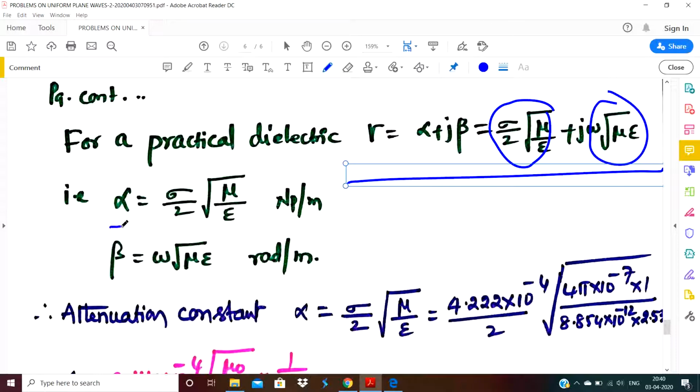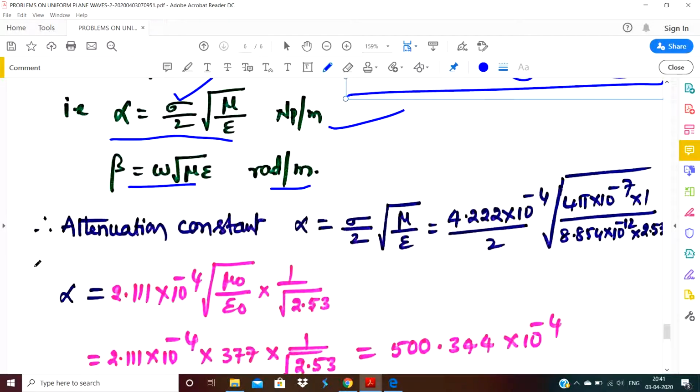So the attenuation constant alpha equals sigma by 2 into square root of mu by epsilon. We already calculated this; that is the reason why we calculated the conductivity sigma. Mu and epsilon we already know. It is in Nepers per meter, and phase constant beta is omega into square root of mu epsilon, in radians per meter. Now for attenuation constant alpha, from that formula we substituted the value we calculated, the conductivity by 2 into square root of mu by epsilon.